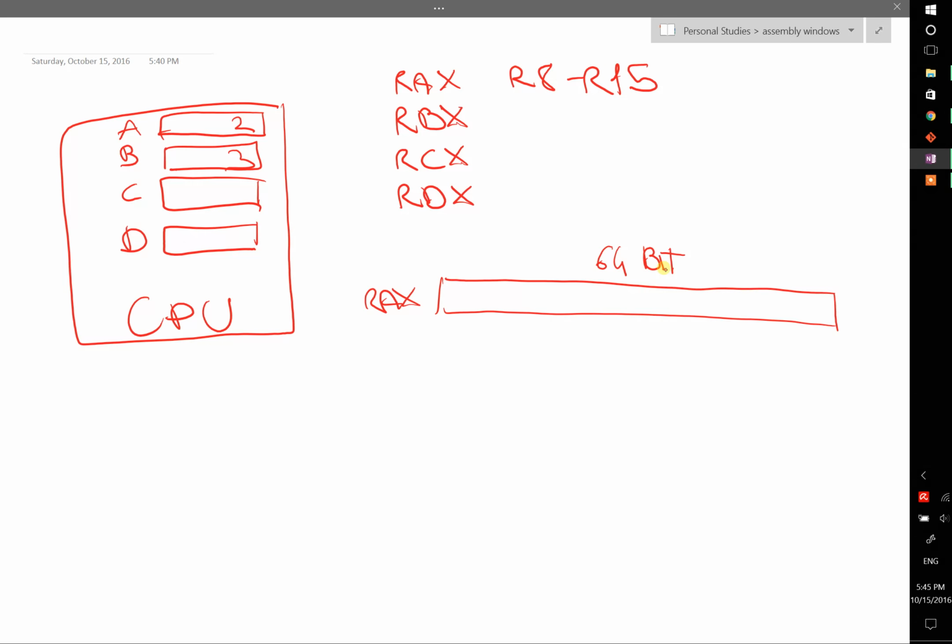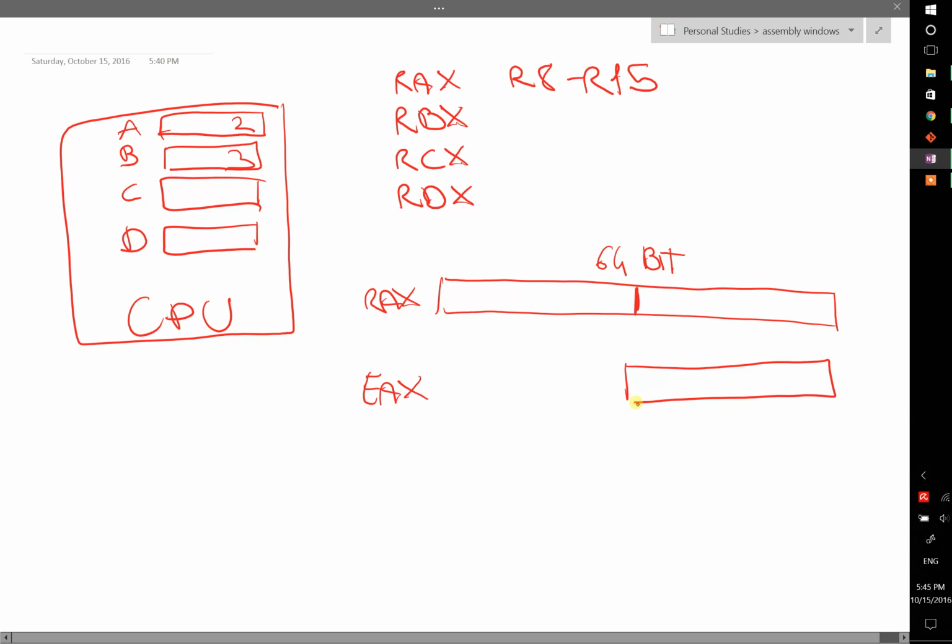So we have different labels to access the lower parts of the register, right? For example, we have EAX, which basically lets us access the lower 32 bits of the register. And we can also access the lower 16 bits, and we can access that with the label AX, right?